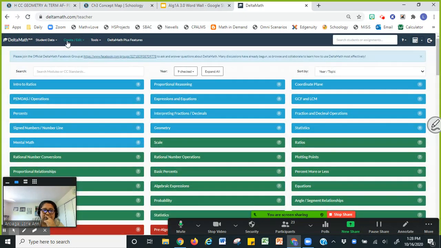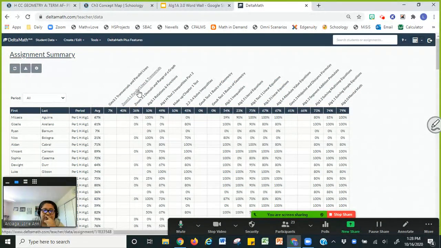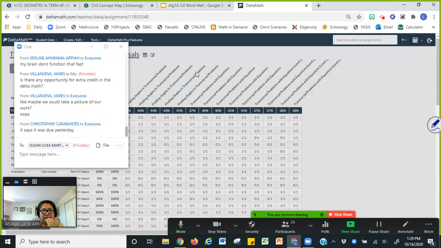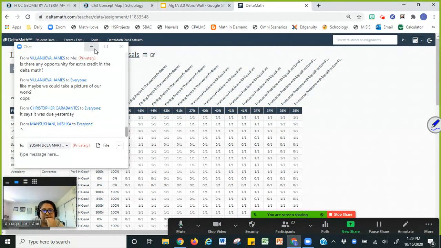Alright, anyway, I'll be able to show it up here if you guys cannot see it. So view assignments and then Zoom 3.1 parallels. Okay, so be ready with your papers. It says it was due yesterday. Yeah, because I uploaded it the first time yesterday, but can you open it?